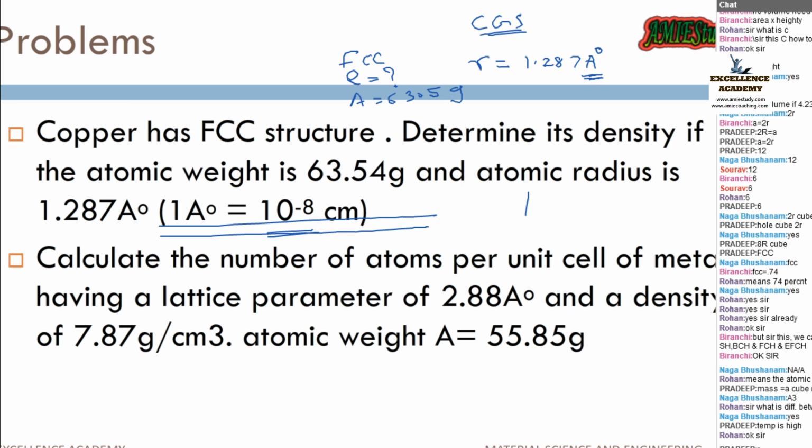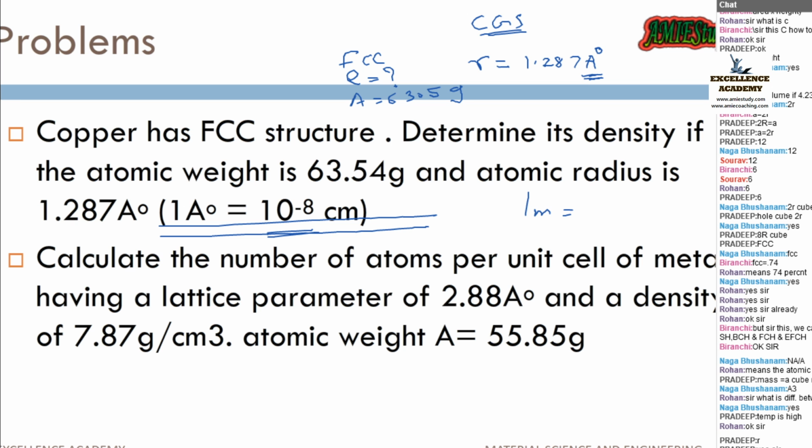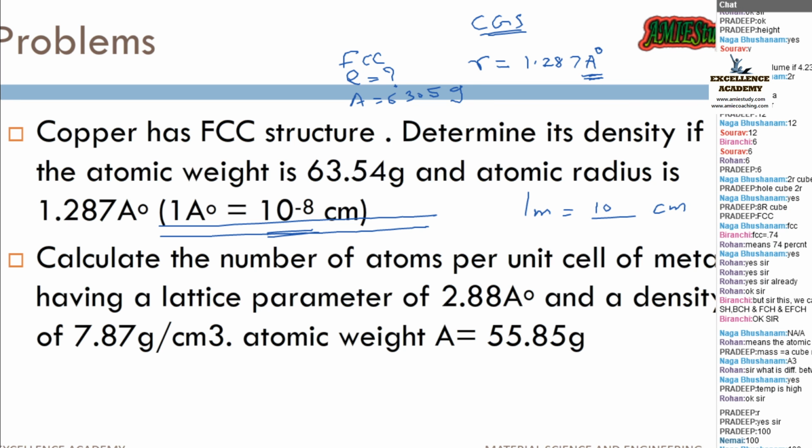1 meter is equal to how much centimeter? 10 square. Fine. Then 1 angstrom is equal to how much meter? Before that, 1 minute. 1 centimeter is equal to how much meter?